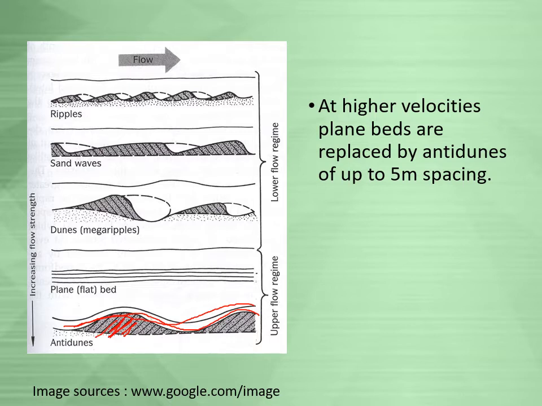In this picture, my flow direction is from left to right. In lower flow regime dunes, the internal laminae are inclined towards the flow direction.